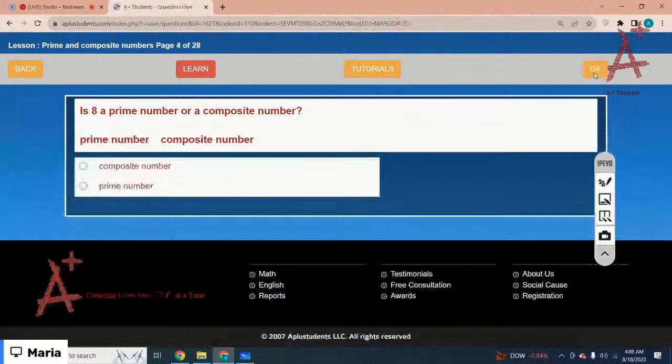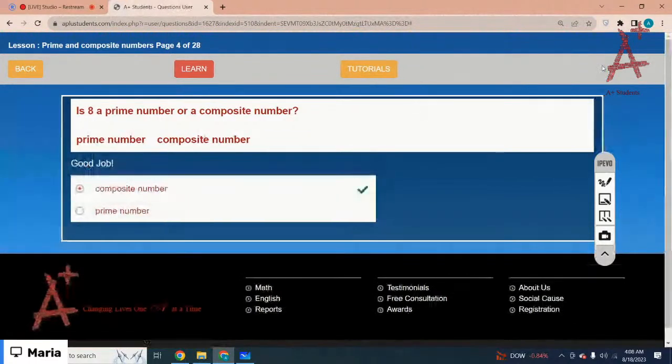So 8 is a composite number, not prime. 8 is a composite number.